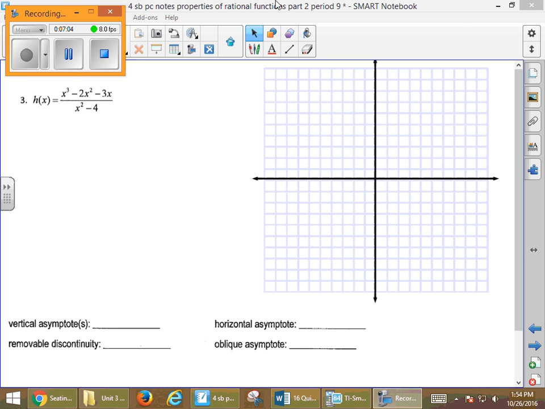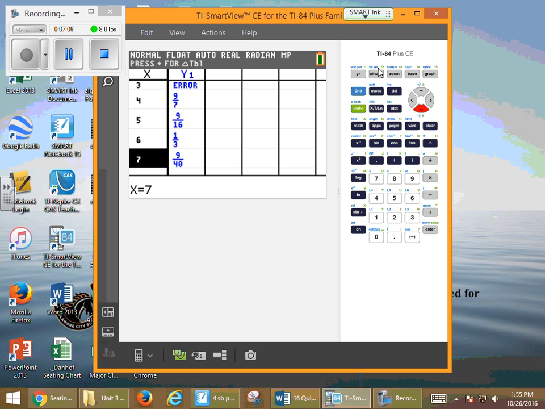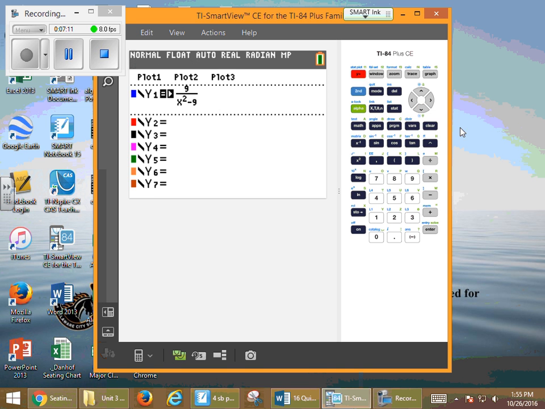So if we look at example 3, again, maybe what's going to be easiest for us is if we graph it first. I'm not going to draw the picture first, but it gives us some idea of what we're looking at.